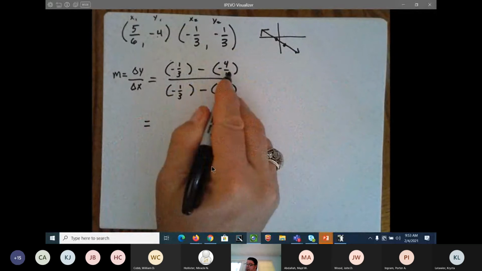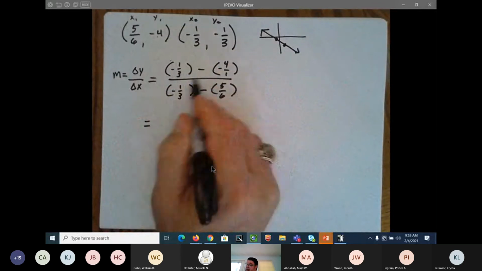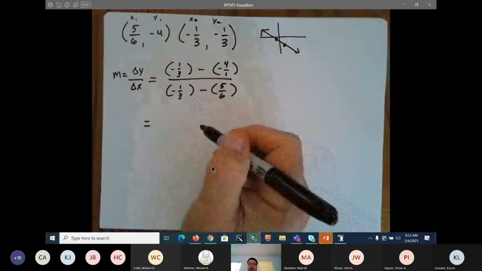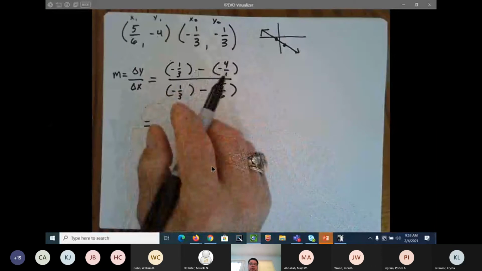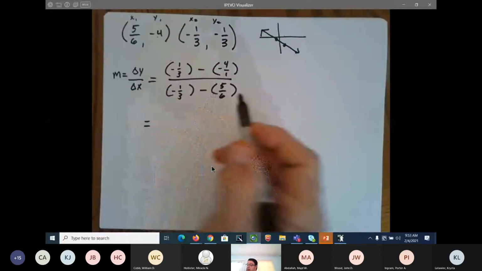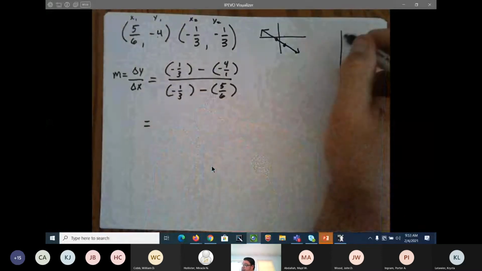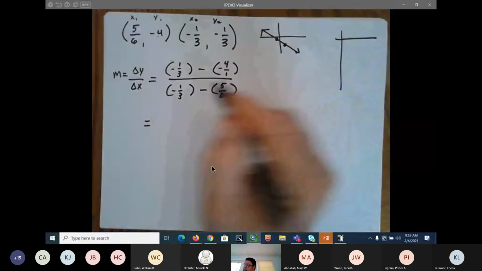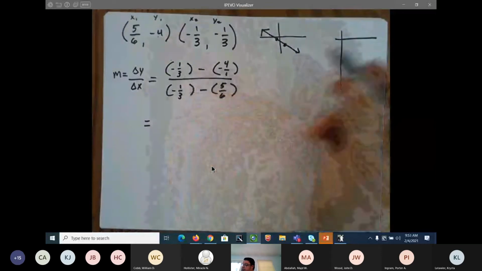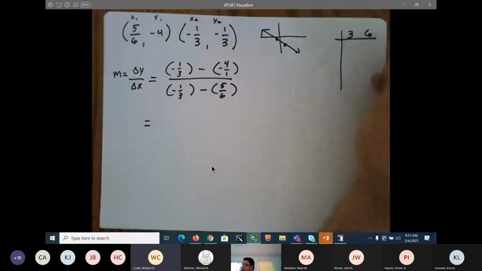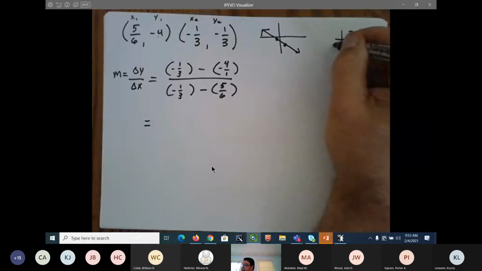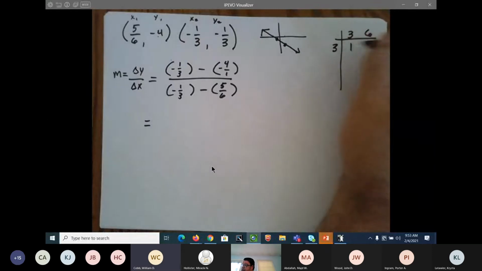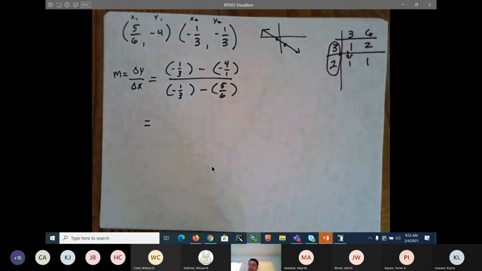-1/3 minus 4/3, and I'm going to get a common denominator, and I'll tell you why when I finish the problem. So I'm going to go over here, and I got 3 and 6. So I'll put a 3 here and a 6 here, and I know that 3 will go into 3 one time, 3 will go into 6 two, that comes down, and 1, so 6 is my common denominator.